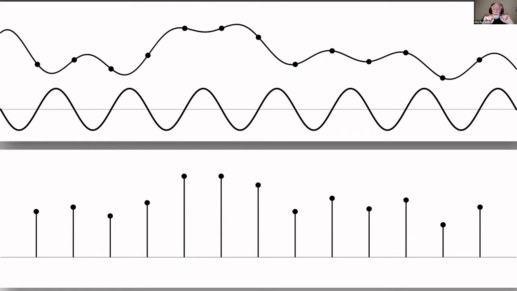I contend it's the one I show here because nothing wiggles any faster than that in the given signal, and sample the signal at twice that rate. You'll notice the dots are at twice the frequency of that particular Fourier frequency. All right, that's the first half of the great sampling theorem, which I hope astonishes you. It doesn't say the samples are an approximation. It says it's an exact representation.